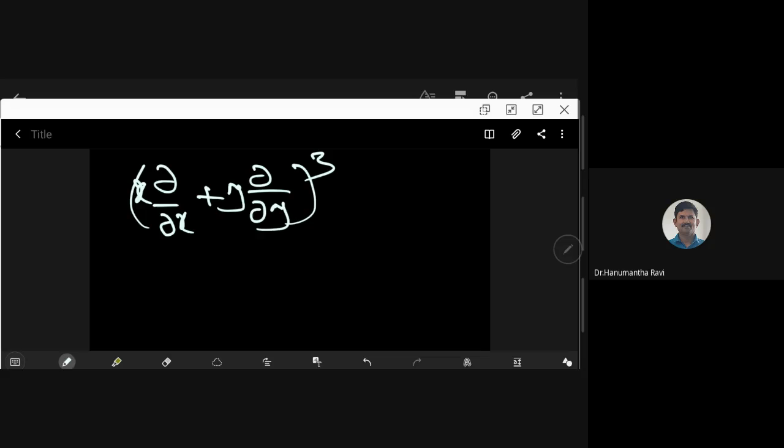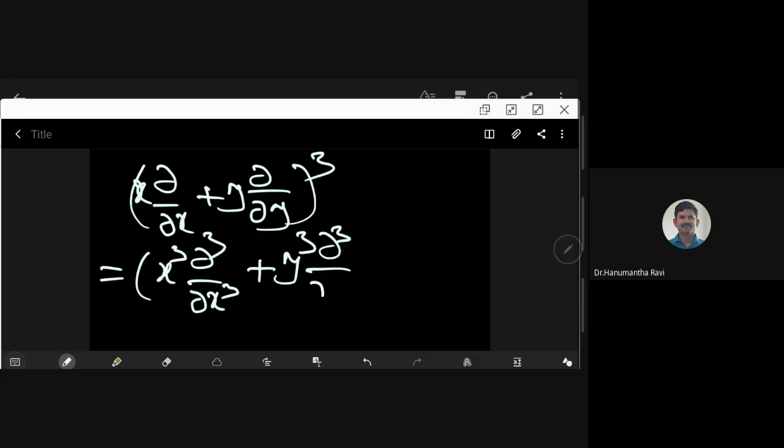So this is acting on, what it becomes actually is x cube a cube plus b cube plus 3ab square, so 3xy square, dou cube by dou x dou y square, that is right.